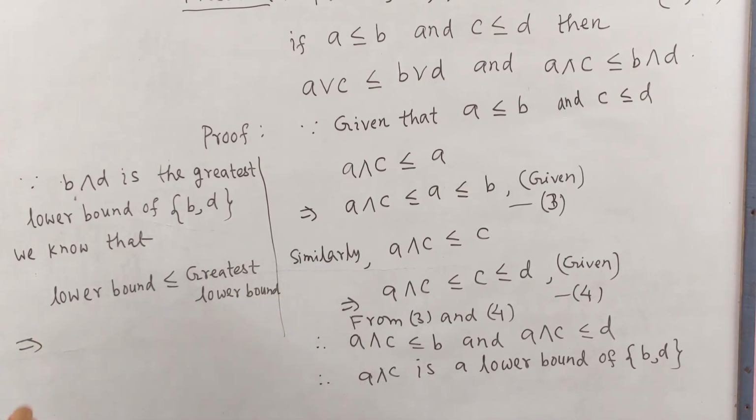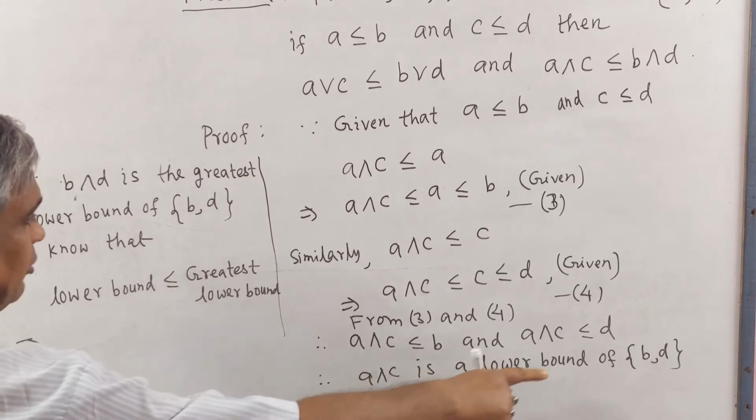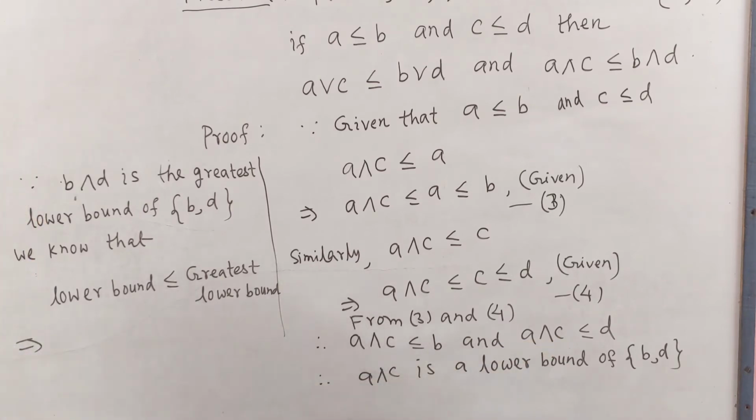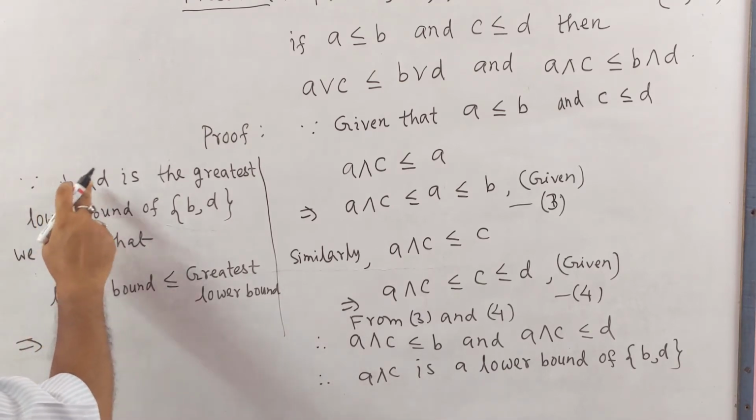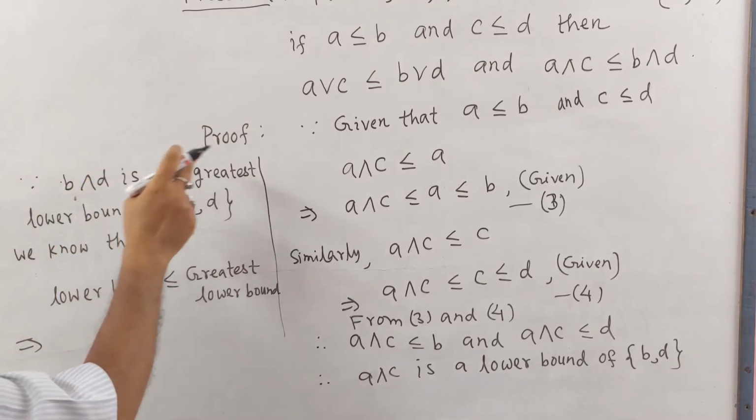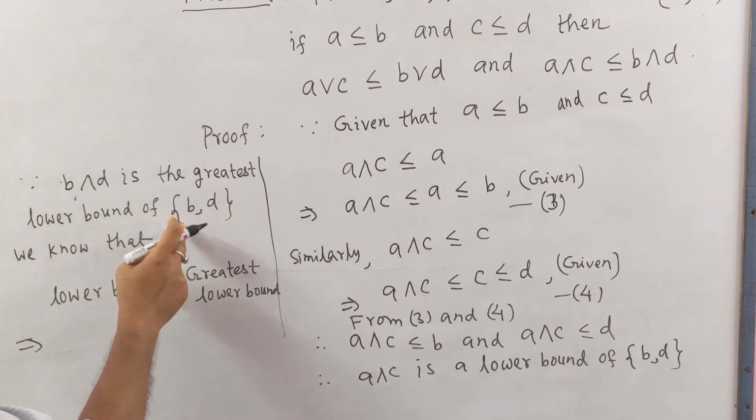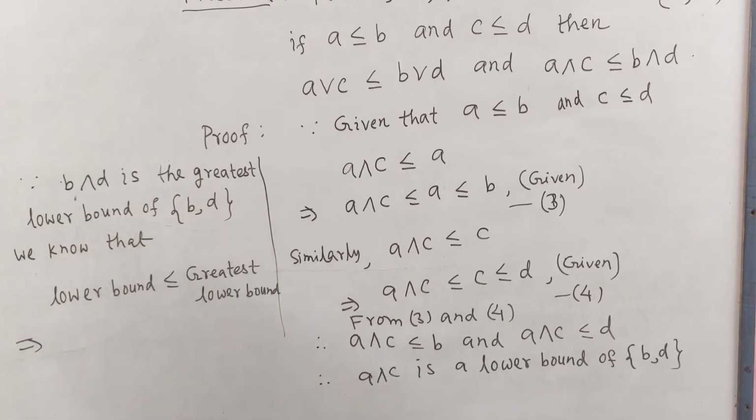Implies that A meets C is a lower bound of the set containing elements B and D, and B meets D is the greatest lower bound of the set containing elements B and D. Therefore, lower bound is A meets C and greatest lower bound is B meets D. Therefore, second part proved.